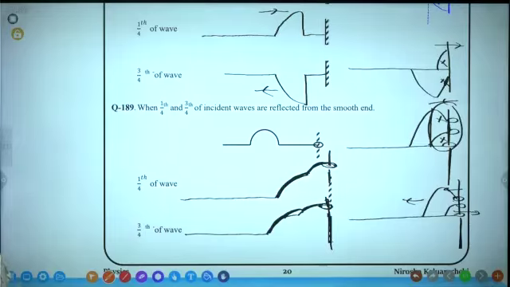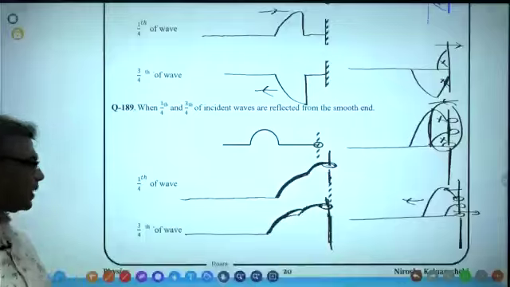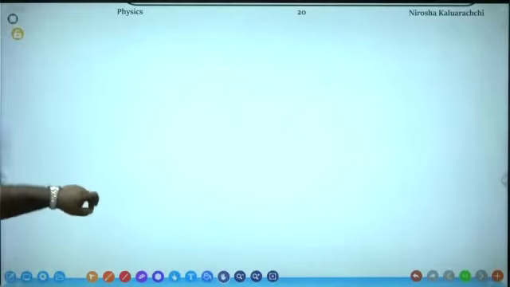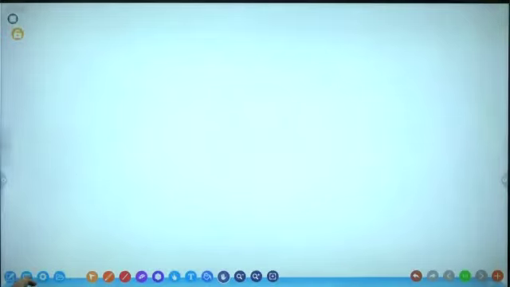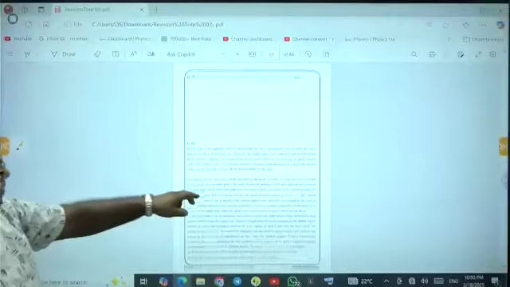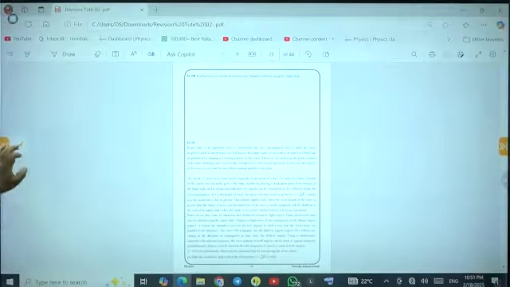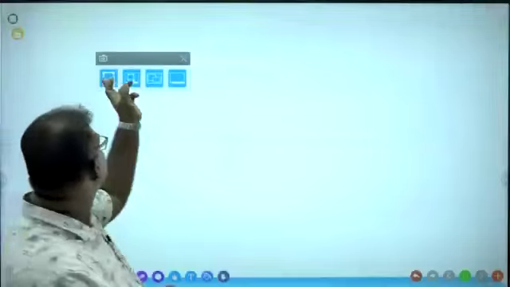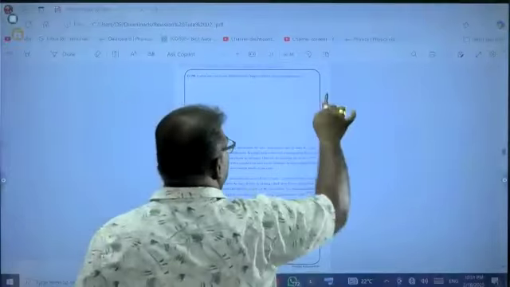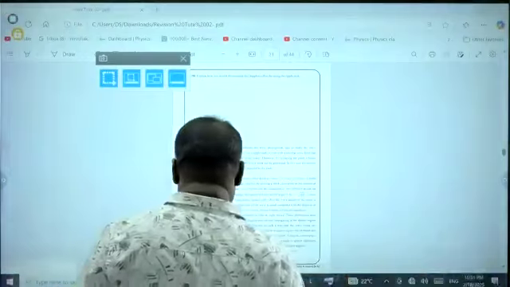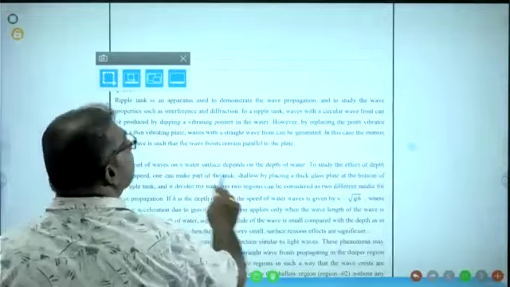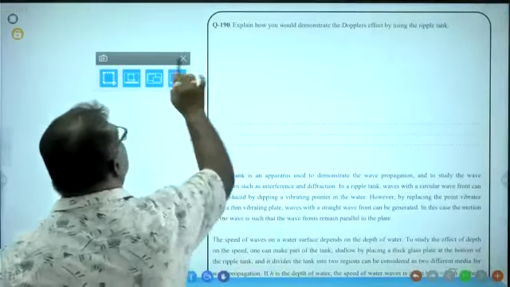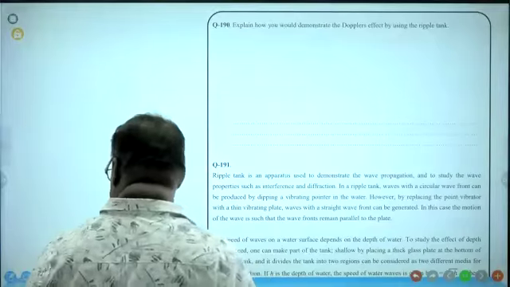Next one, explain how would you demonstrate the Doppler's effect by using the ripple tank. Demonstration of Doppler's effect by using the ripple tank. Can you explain that? Next page, page number 21. Doppler's effect.